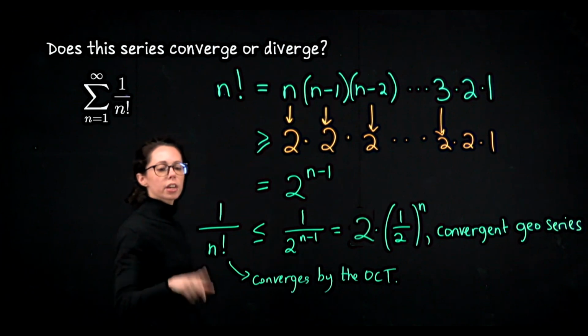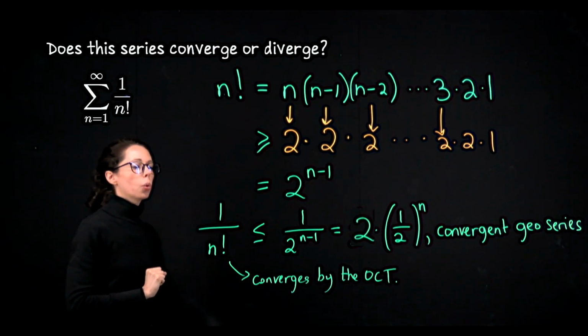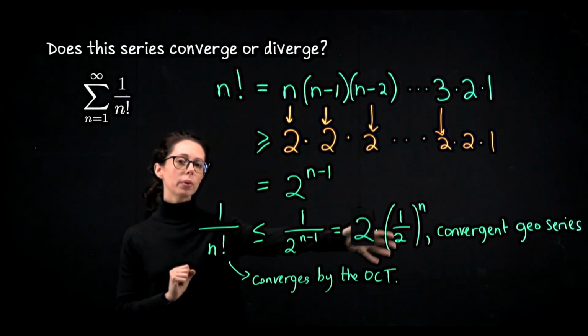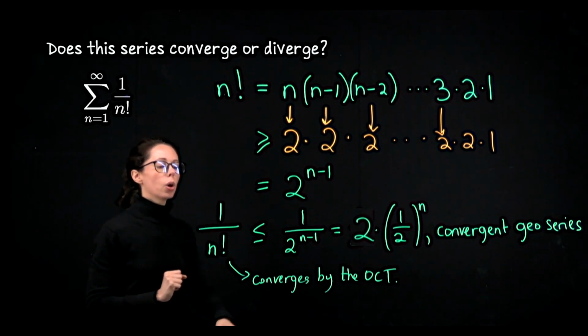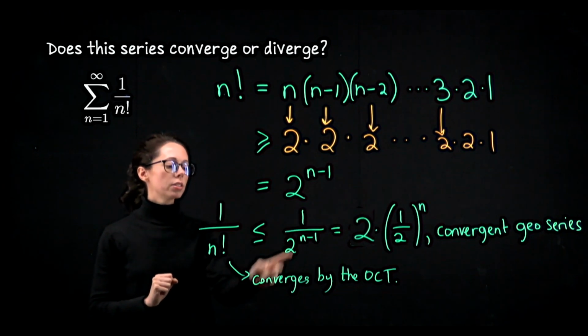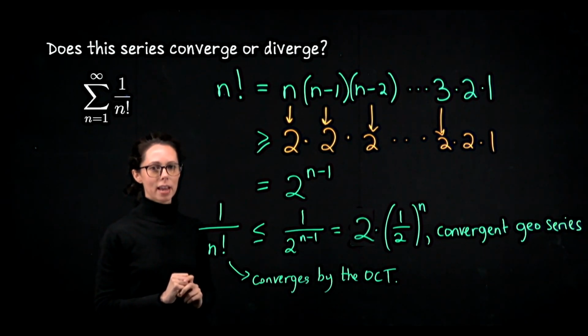So since the terms 1 over n factorial were smaller than terms that we know form a convergent series, in particular a convergent geometric series, we are smaller than something converging, so we're converging by the ordinary comparison test.